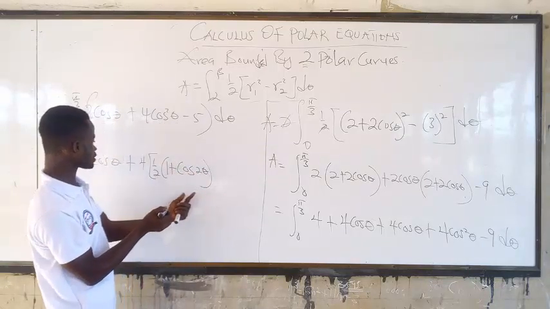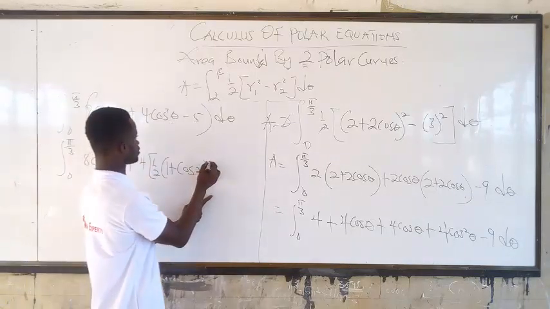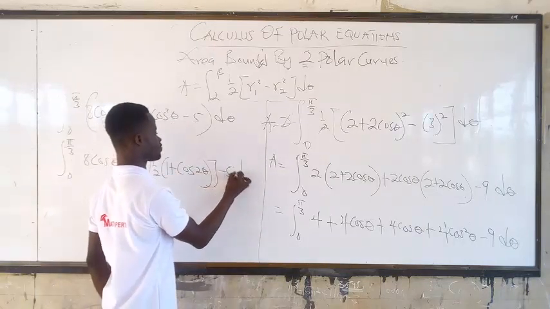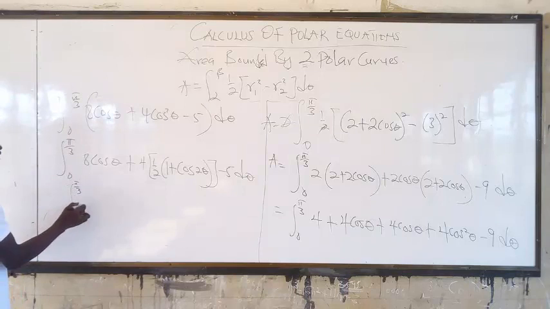So what we have here is the same as this. Alright, minus 5 d theta.